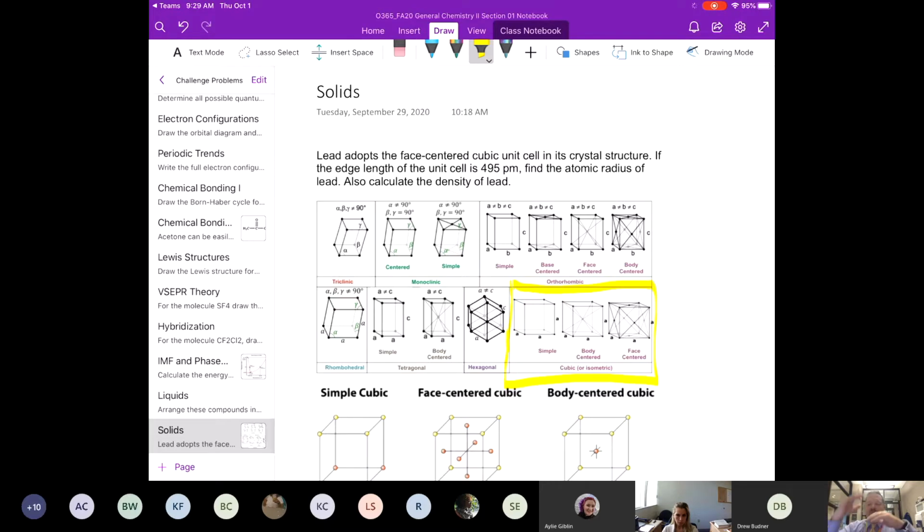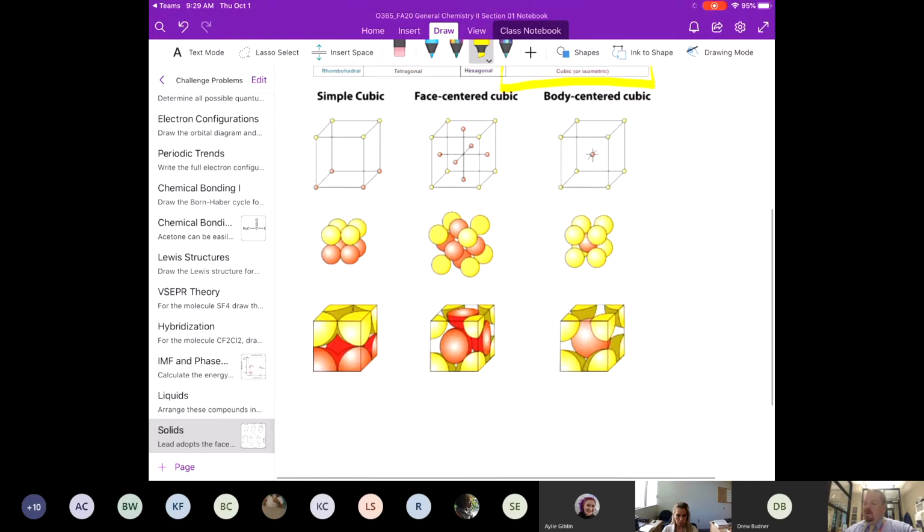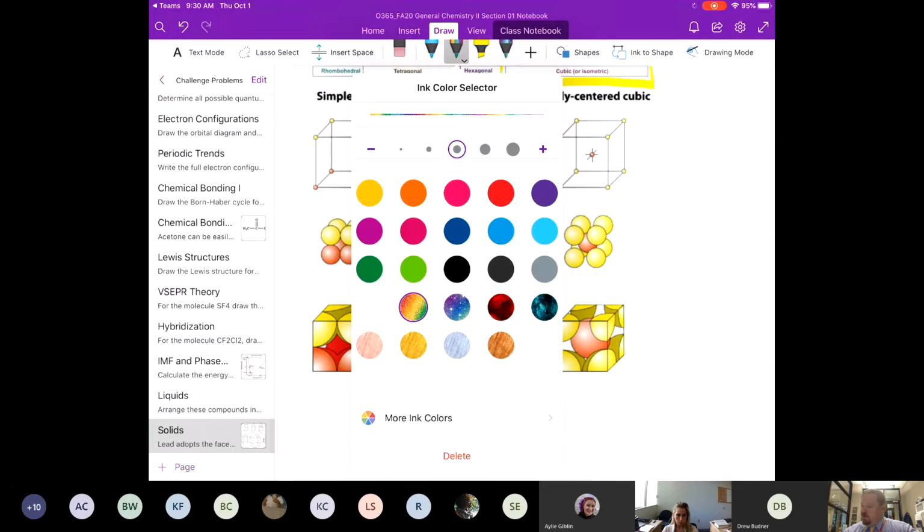It comes from the way these molecules or atoms stack together, and we have different crystal stackings that lead to these. These are all cubic close packed structures, which means that we can have these three simple cubic structures. I'm going to change my color from rainbow back to red.